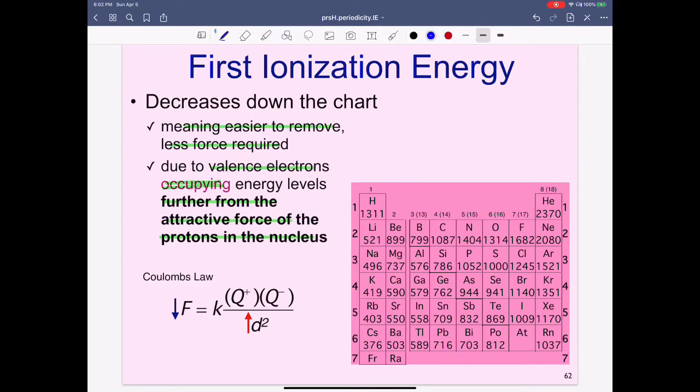And so the distance, if we apply Coulomb's law, which AP would love for you to say, the distance between the protons and the valence electrons, if that is greater, as is the case when you go down the chart, the force required to remove those electrons would be smaller.